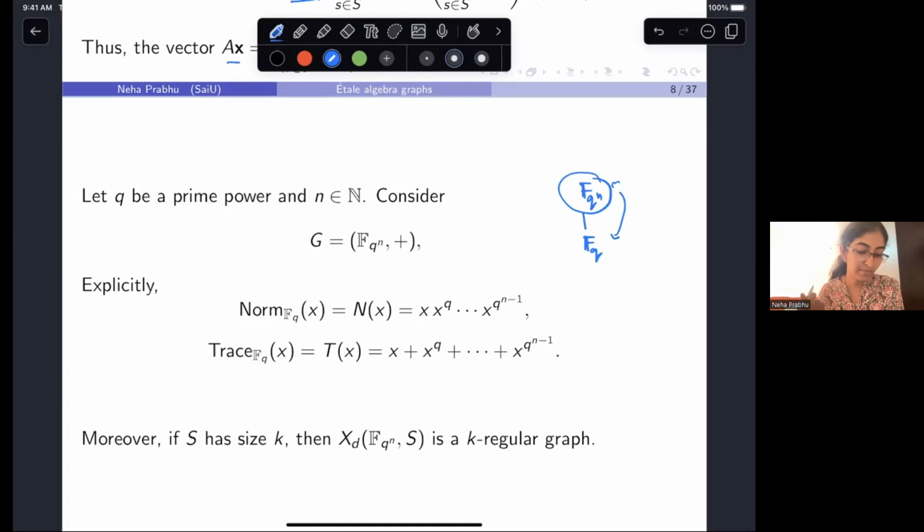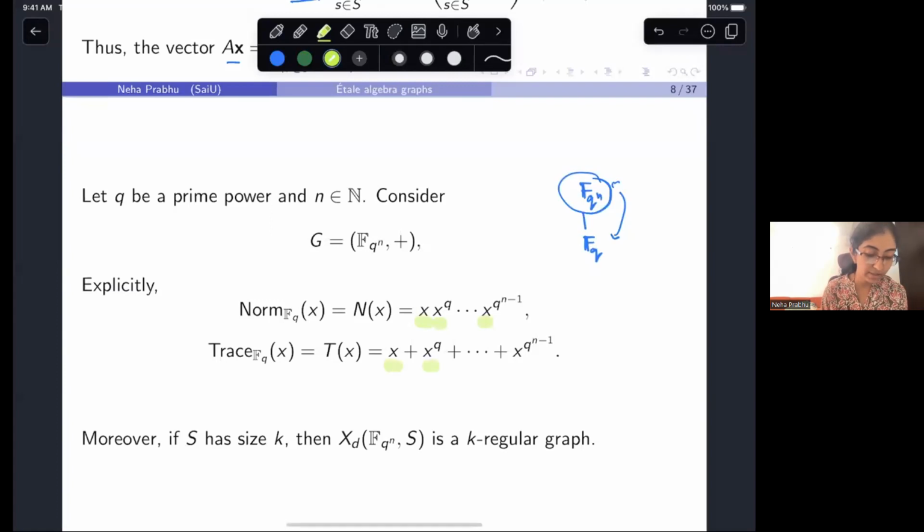Okay, so this is something we would have seen in Galois theory, but let me just recall what it was in this case. So the norm is the product of the Galois conjugates, and these are the Galois conjugates: x to the q, x to the q squared, and so on till x to the q to the n minus 1. And the trace is their sum.